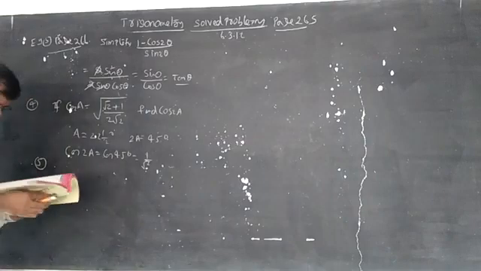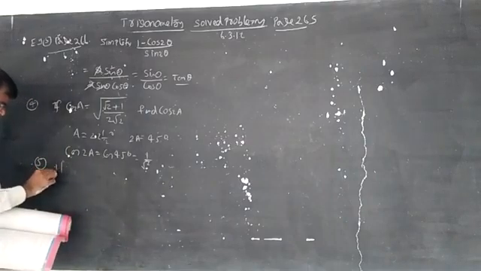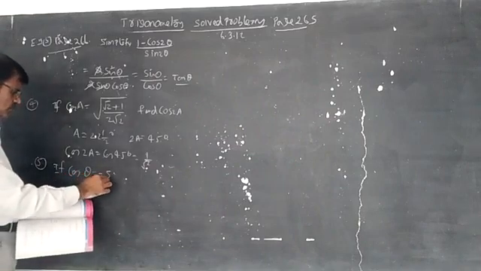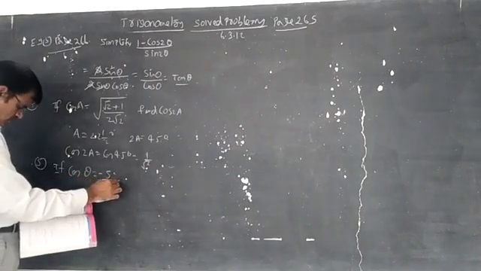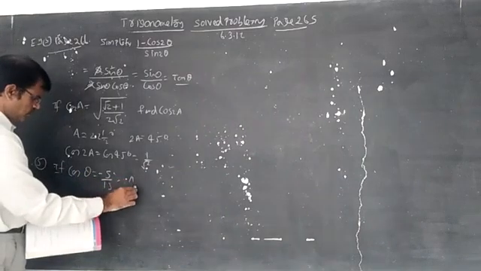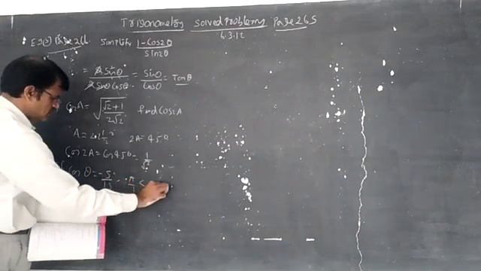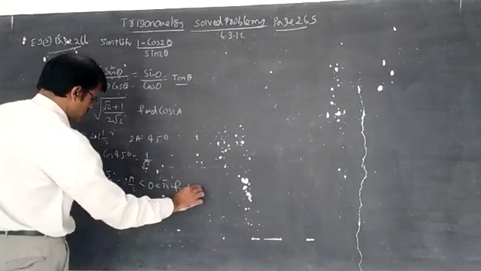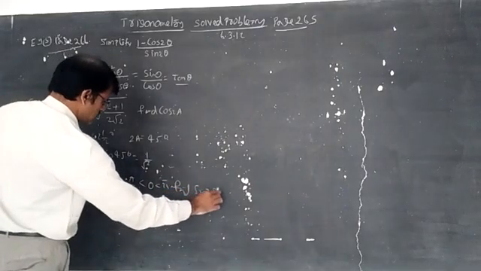Let us calculate the fifth question. If cos theta is equal to minus 5 by 13, and pi by 2 less than theta less than pi, find sin 2 theta.